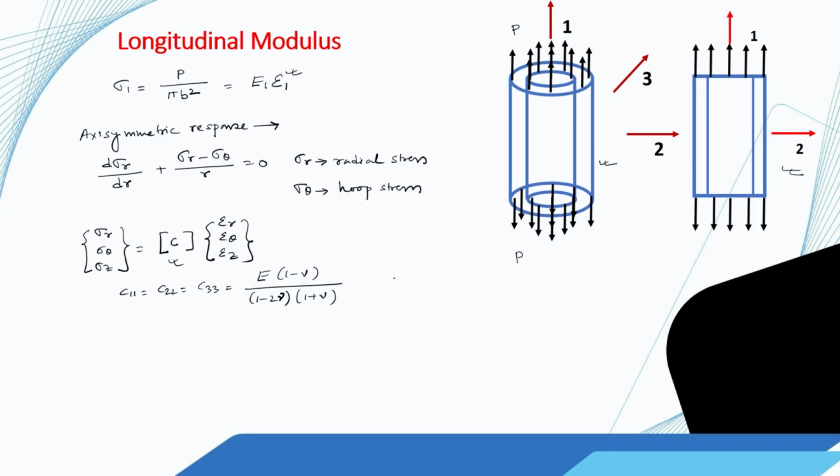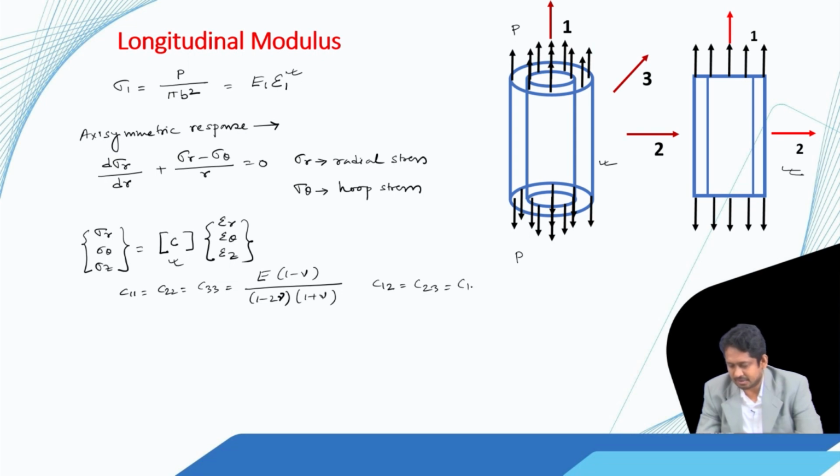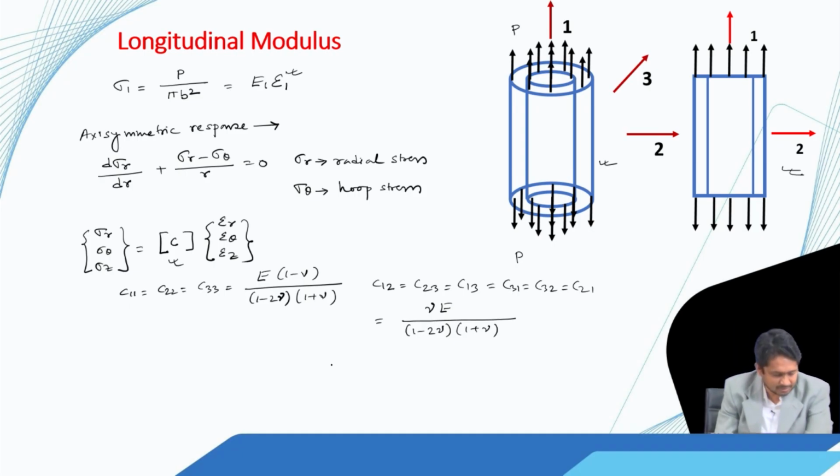And the off diagonal terms, C12 is equal to C23 is equal to C13, and this is a symmetric C matrix. The off diagonal terms are nu E divided by 1 minus 2 nu multiplied by 1 plus nu. Now, if we use this constitutive relation here, then this equation can be written in terms of strains.